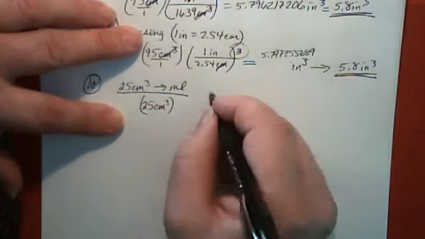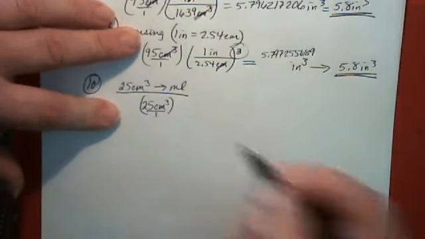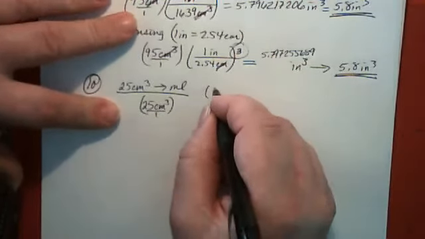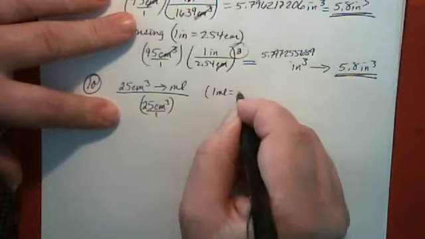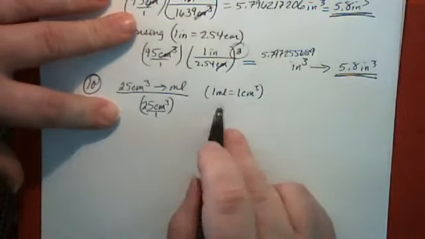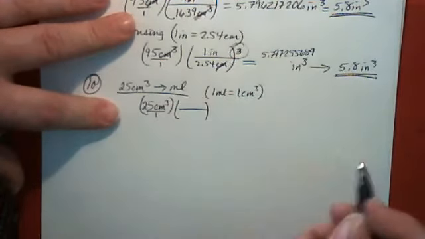If you want to be formal about it mathematically, you could say 25 cubic centimeters would be what you're starting off with. Your conversion factor would be the fact that there's 1 milliliter for every 1 cubic centimeter. So that's your equivalent statement. You can turn that into a conversion factor by making it a ratio.